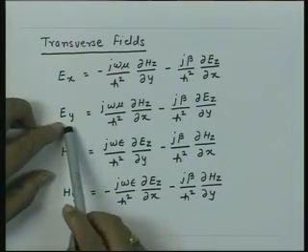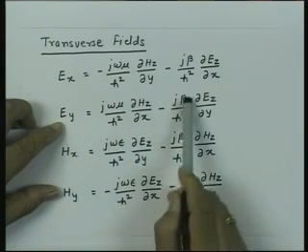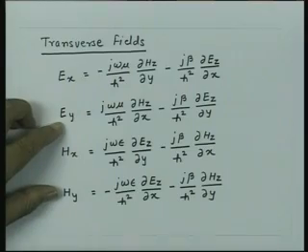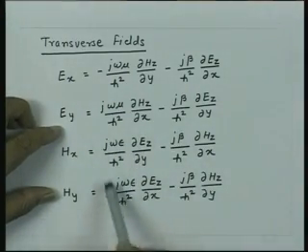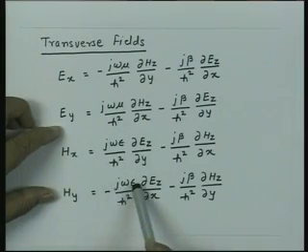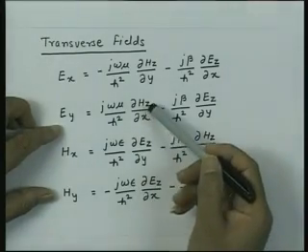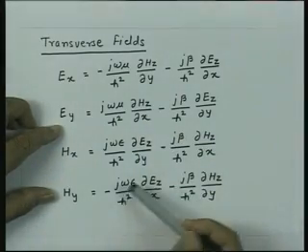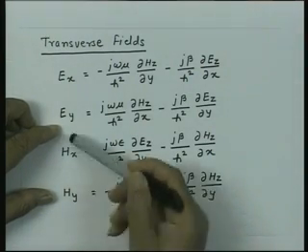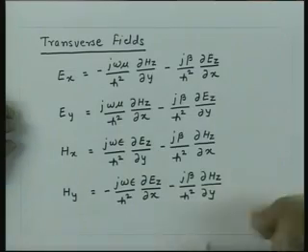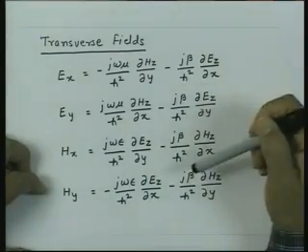And similarly, you can see for Ey also that this is j omega mu upon h square dHz by dx minus j beta upon h square dEz by dy. So, again if I replace j omega mu by minus j omega epsilon, then this expression becomes this. So, interchanging Hz with Ez and replacing minus j omega mu by j omega epsilon, essentially we get the expression for the magnetic fields. So, the expressions are quite symmetric in that sense, and they are very easy to remember also.